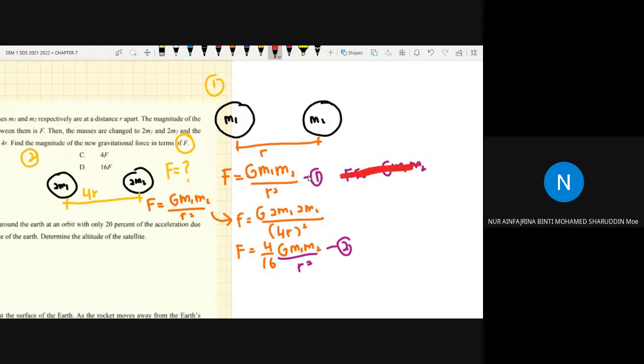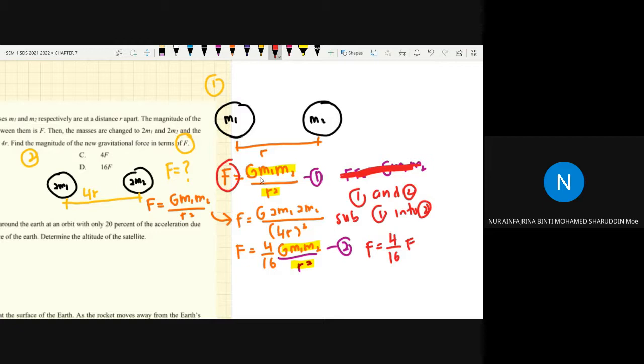Okay, so korang cuba tengok. Sekarang I nak compare equation 1 and equation 2. I'm going to compare it. So awak cuba tengok equation 1 awak ada G M1 M2 over R squared. And cuba tengok equation 2 you ada juga G M1 M2 over R squared. So you akan substitute 1 into 2. So bila you substitute, you akan dapat 4/16 darab dengan F. Sebab apa?